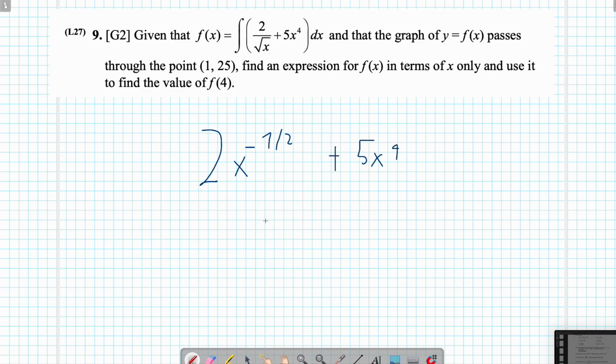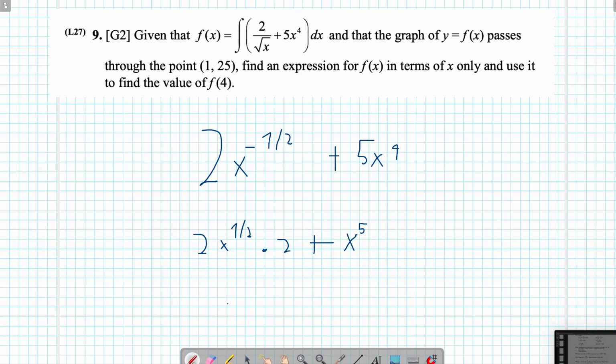So 2x to the half times 2, because negative half plus 1 is half, and then you take the reciprocal of it to multiply it with the coefficient, so 2 times 2, 4, and then here we're going to do the rule 5x to the 5 over 5, which is x to the 5.